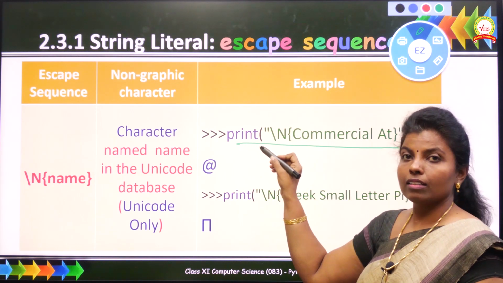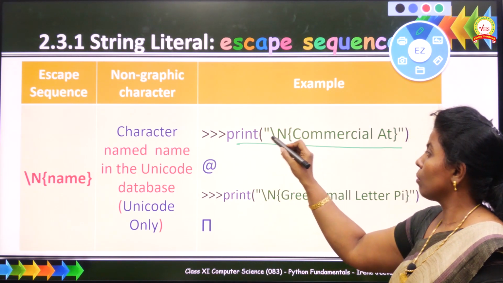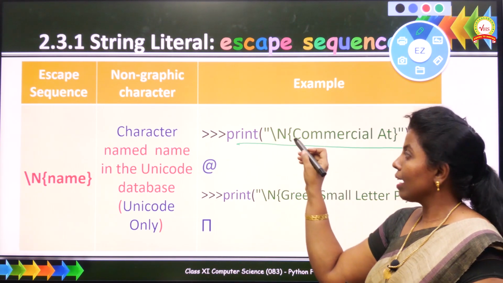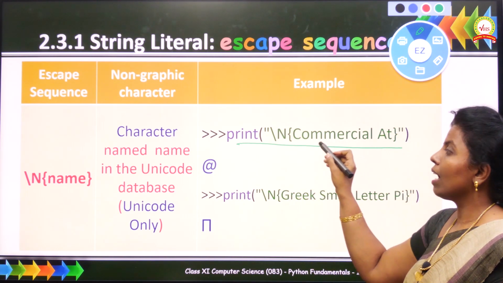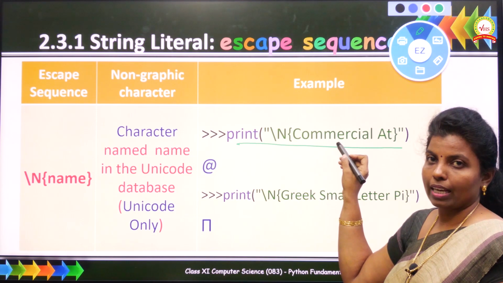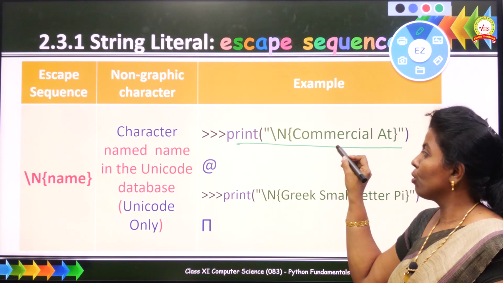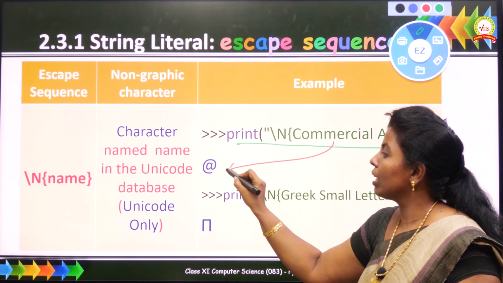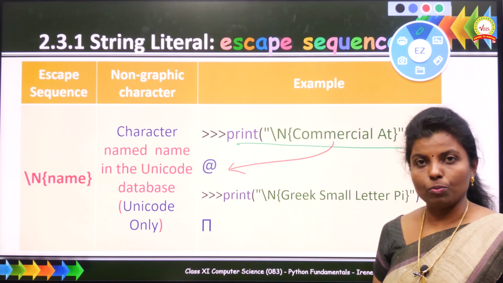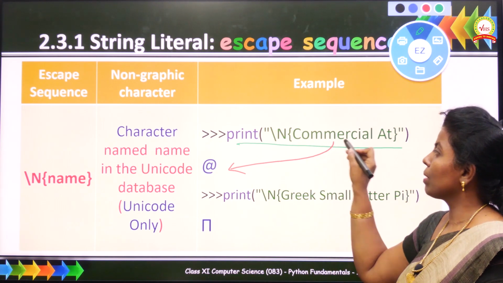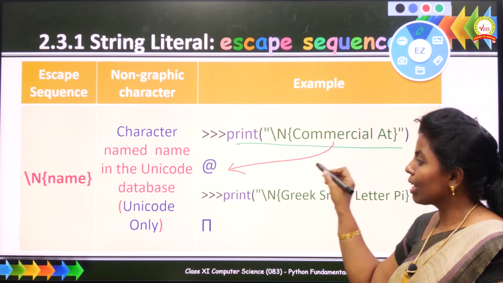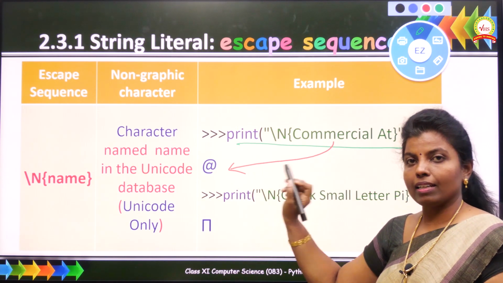You can see here there is a print statement which begins with double quotes and ends with double quotes, and I have started \N. Within curly braces I have given the name of the Unicode character. So when you give the name of the Unicode character, it prints the equivalent Unicode character as the output, right? So if you know the name of a Unicode character, that name can be given over here, and the equivalent Unicode character will be printed as the answer.